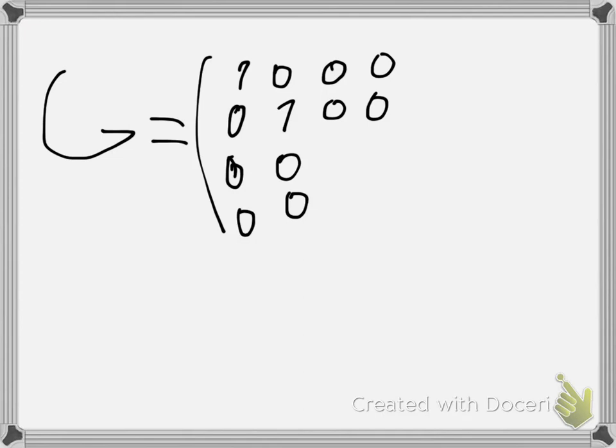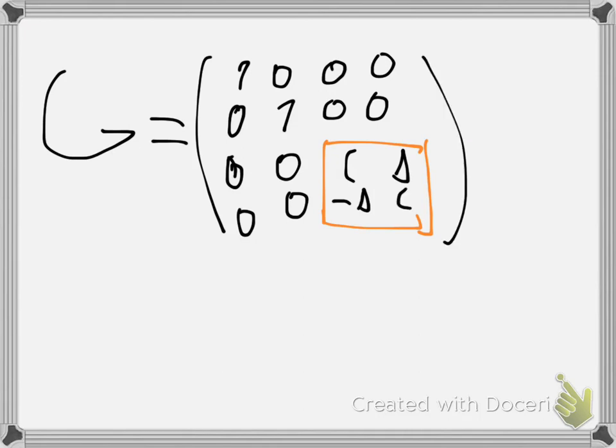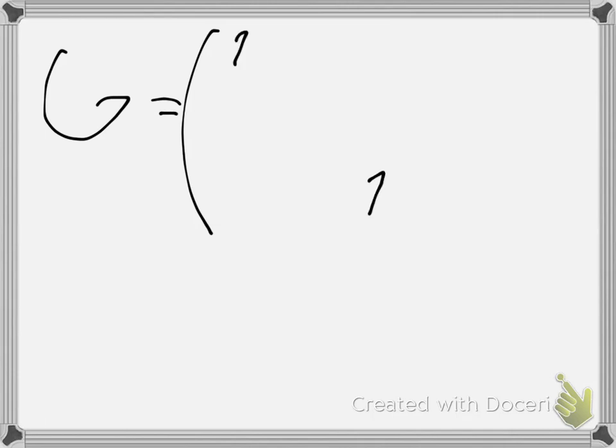Okay, and then here we have a square, and the negative sign is on the bottom left. Okay, so this will be our matrix. For example, we can also do the following.